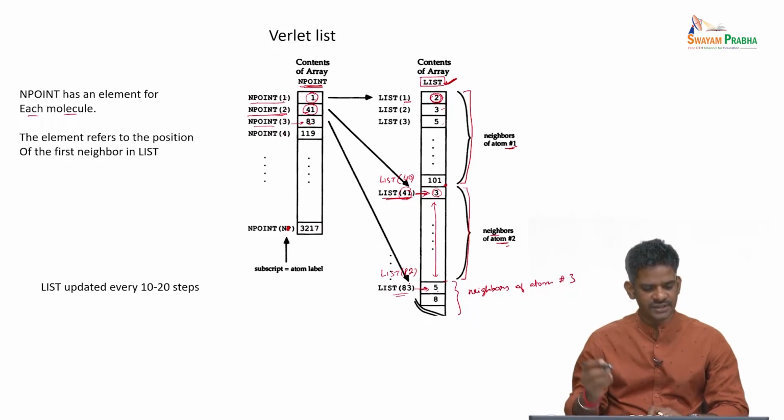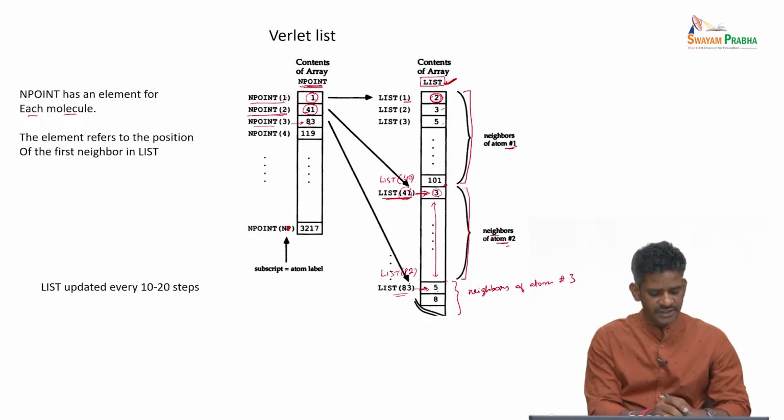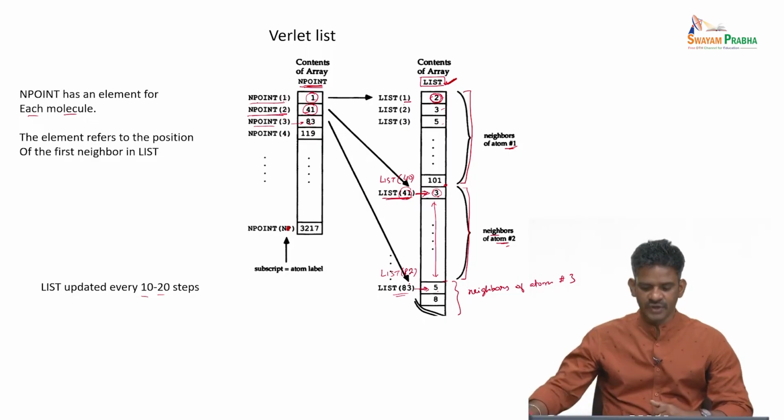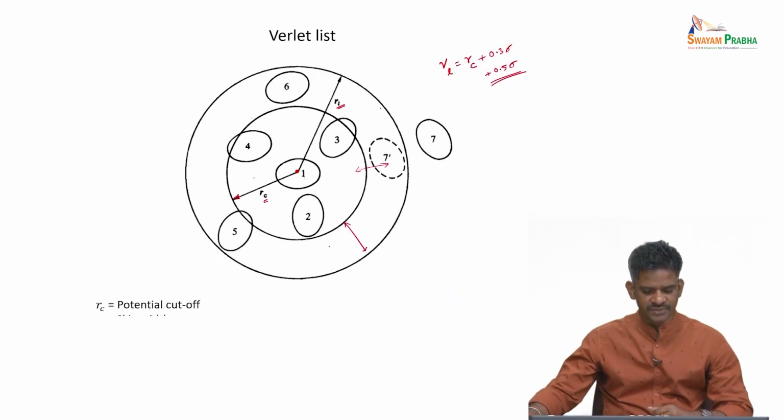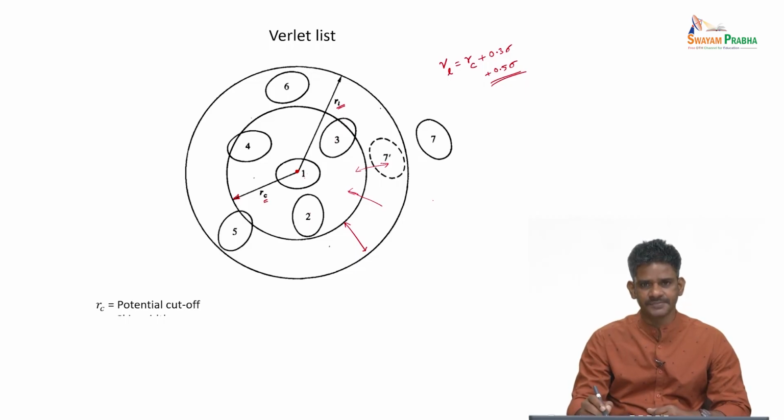And then with this you will be able to loop over the neighbors of the first molecule, second molecule. Okay. So then this particular list you don't have to really update at every point of time. You generally update this once in 10 or 20 MD steps. That is because over these 10 to 20 steps, the atoms that are coming inside would be mostly atoms coming from the skin region, not from outside.